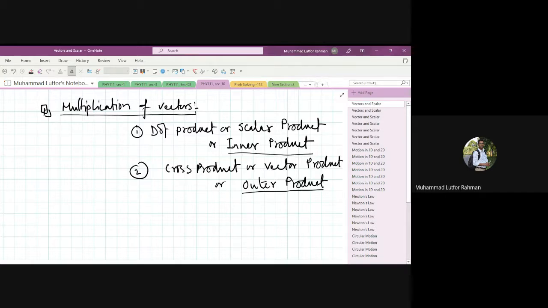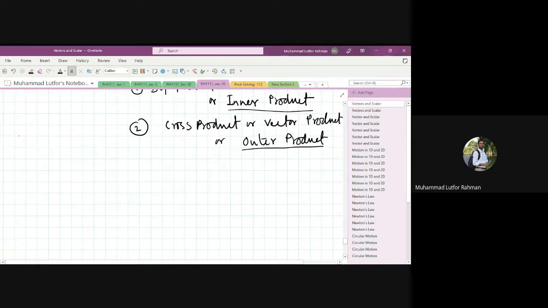This dot product we find in two ways. Say this is the dot product.